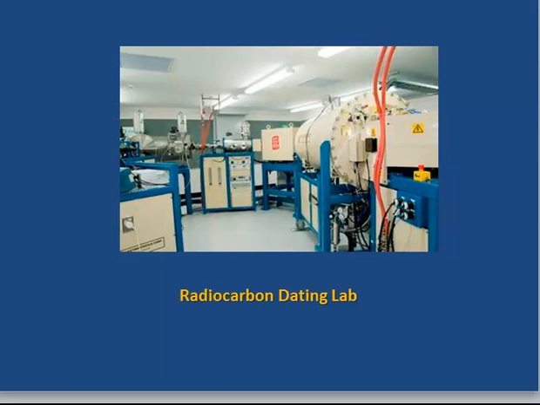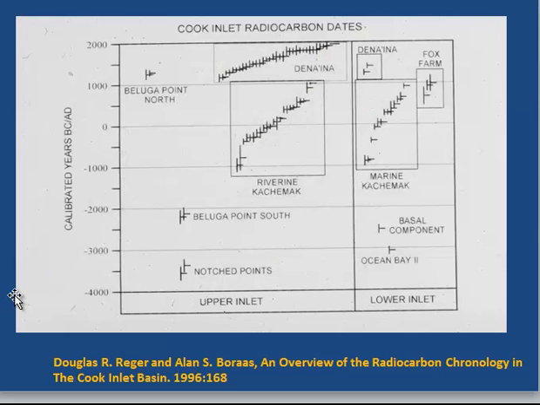So I'm going to skip back to where we were. So we can plot these, and we associate it with the culture. So these are the Riverine Kachemak dates, and they range from 1000 BC to 1000 AD. So we can say with a great degree of confidence the Riverine Kachemak people were around for that time period.